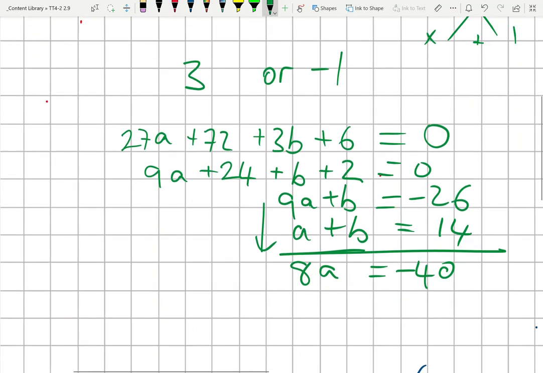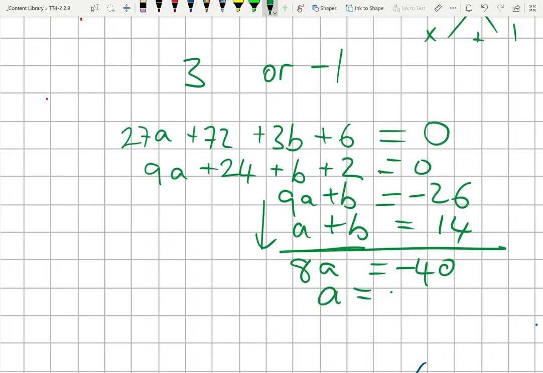Get the exact same thing, aren't I? I think the other one was wrong. So minus 5 going in there gives b is 19.